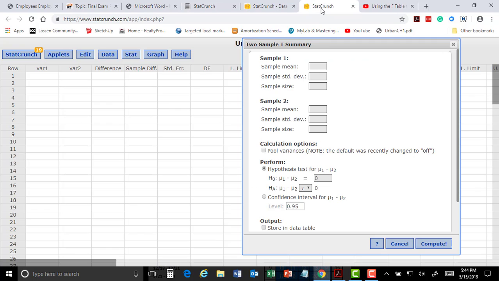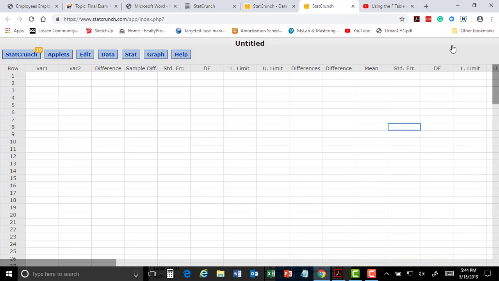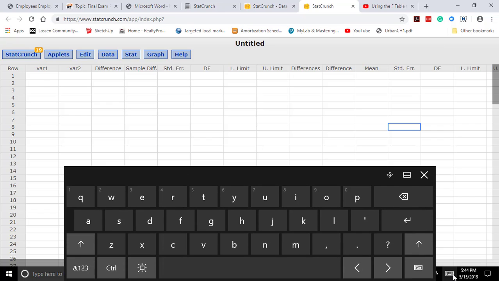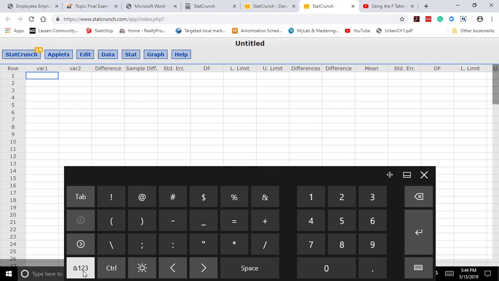All right, so let me go here. Okay, now I can do this. What's the first number? The first number for A is 5.0. 5.1. Wait a minute. Why does it do that?